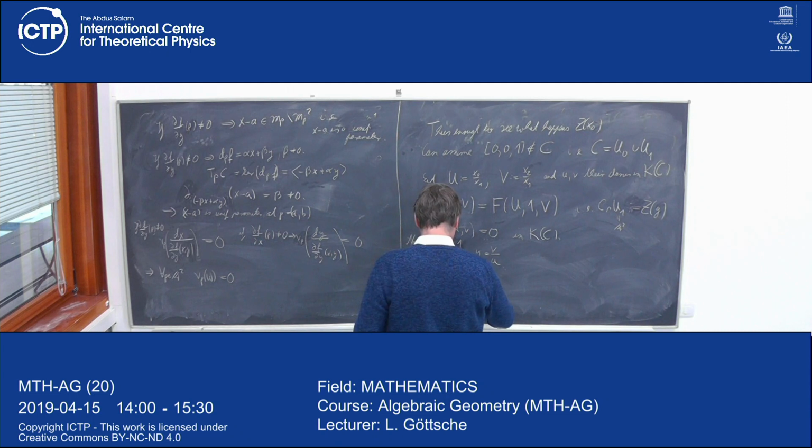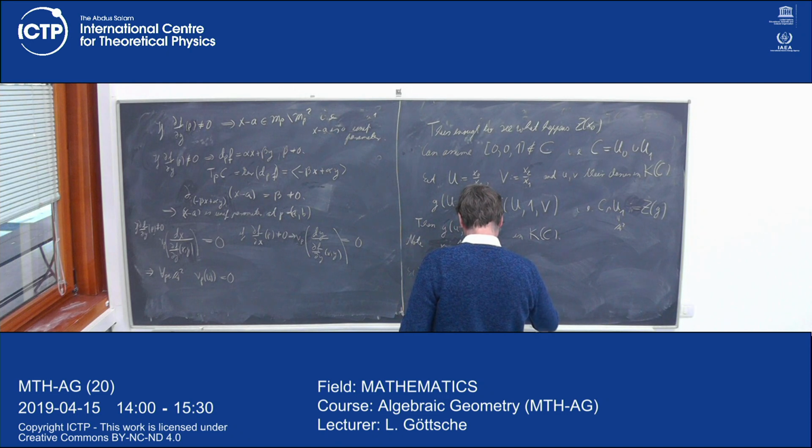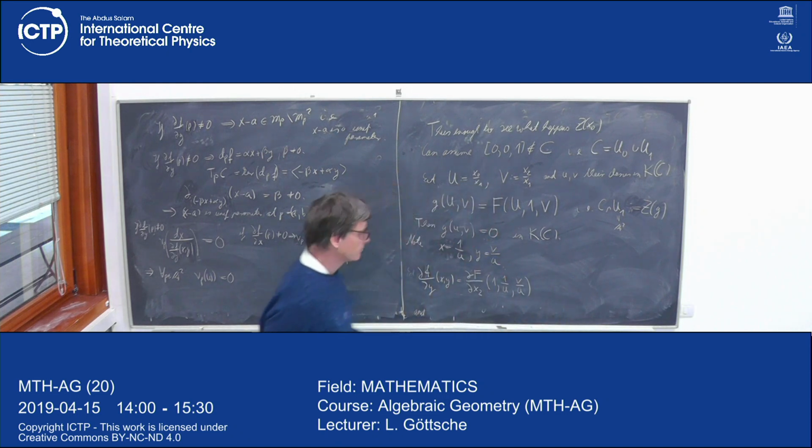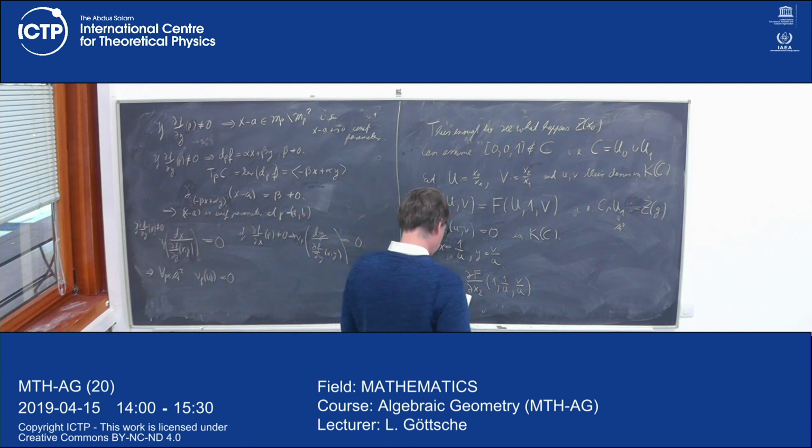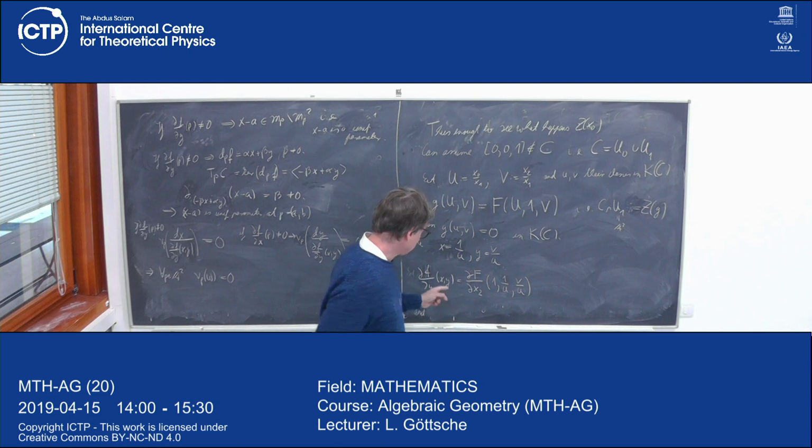This is equal to the partial derivative of f by dx2 of 1 over u, v divided by u. Is it like this? Yes, because x was by itself.